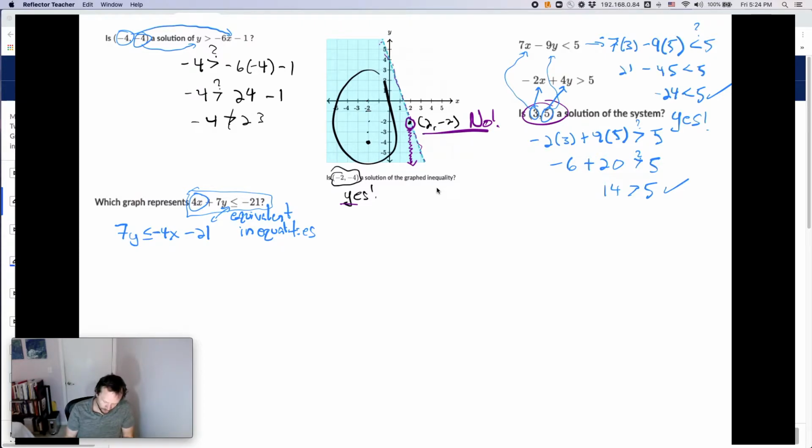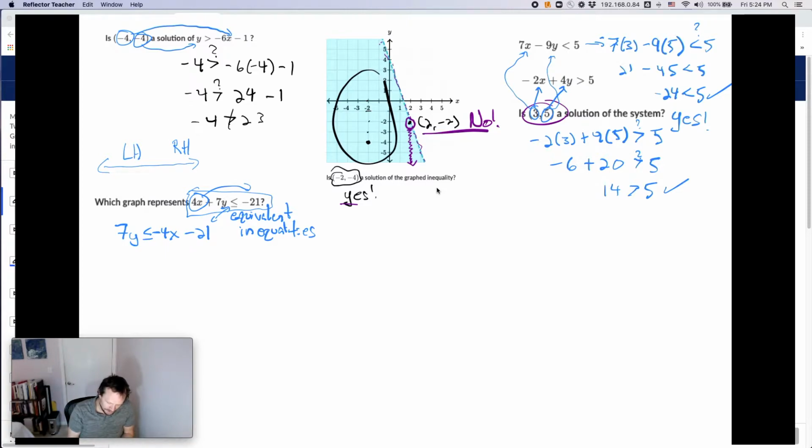Right, we moved the 4x to the other side. We subtracted 4x from both sides. Well, what we're doing, if we imagine the relationship between the left-hand side, so if we drew ourselves a number line, and we have the left-hand side is less than or equal to the right-hand side.